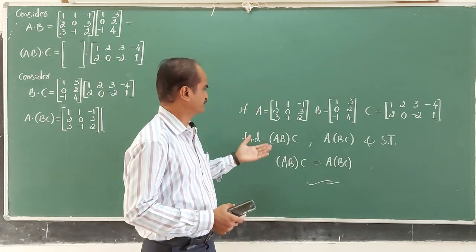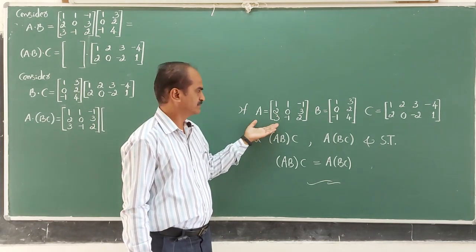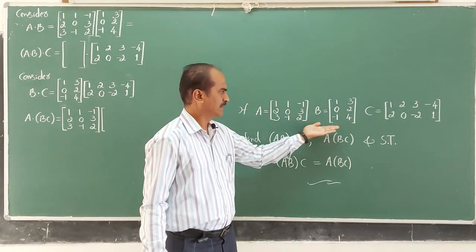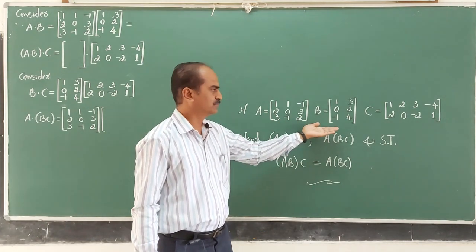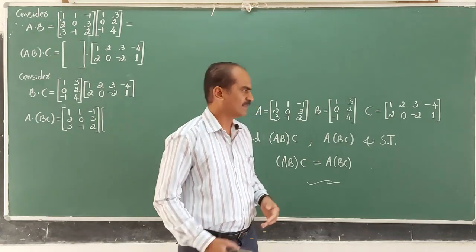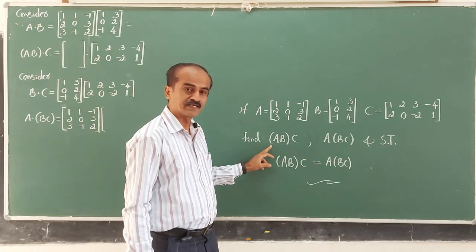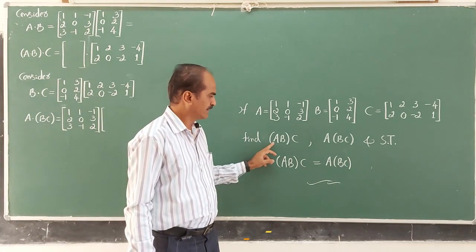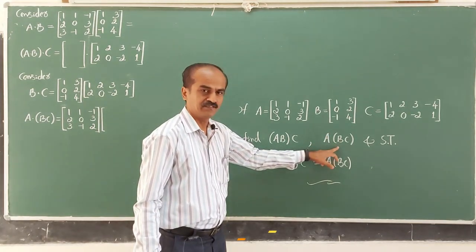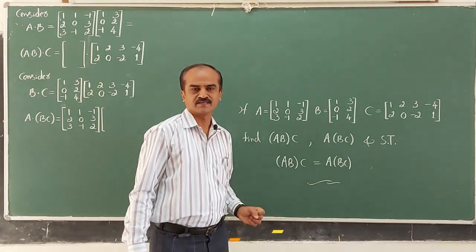First one, 3 matrices I considered. Matrix A of order 3 by 3, B of order 3 by 2, and C a 2 by 4 matrix. By giving these matrices, they are asking us to find AB into C and A into BC, and then show that they are one and the same.